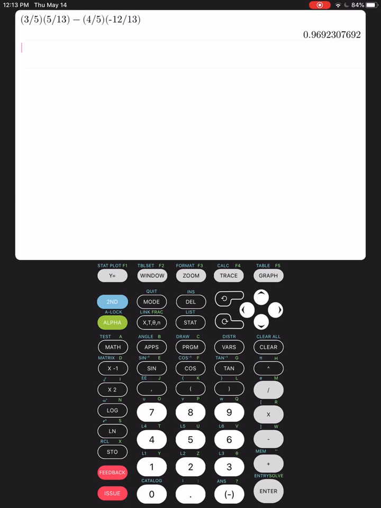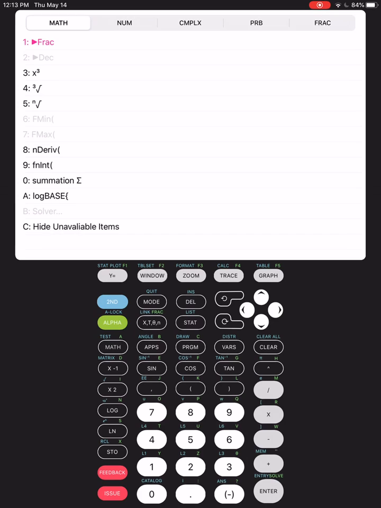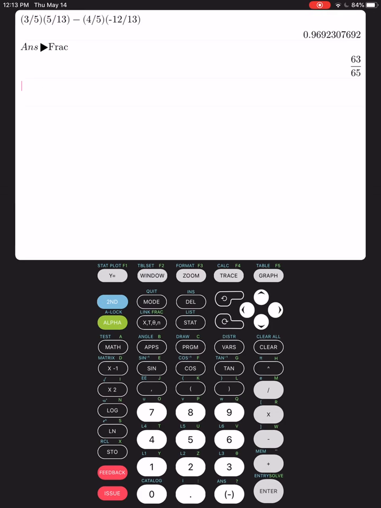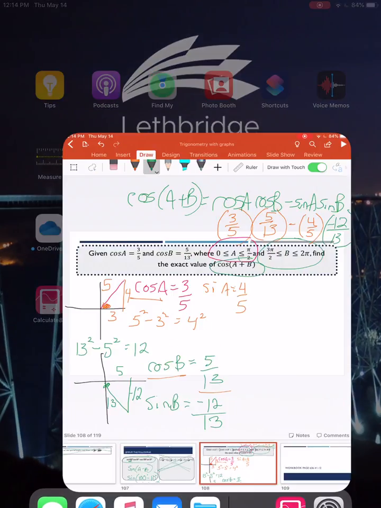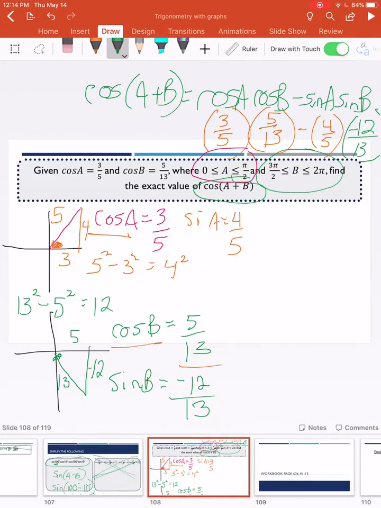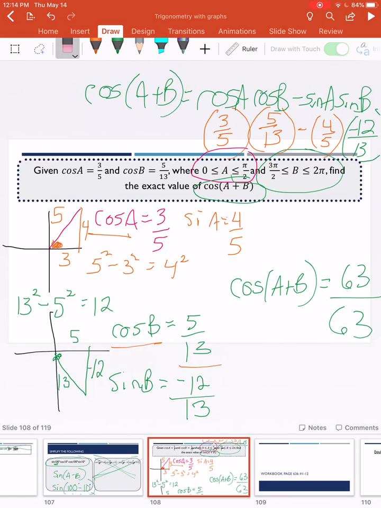Perfect. Then to get the fraction, math fraction, enter. 63 over 65, because it wants an exact value, so I can't write the decimal. I need to write 63 over 65. So cos A plus B equals 63 over 65. Oh, I wrote 63 again. Whoops. So that would be my final answer.